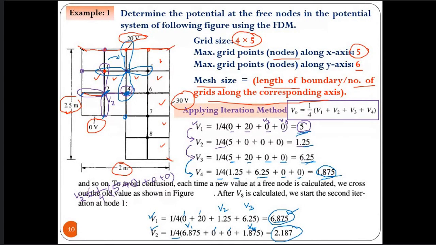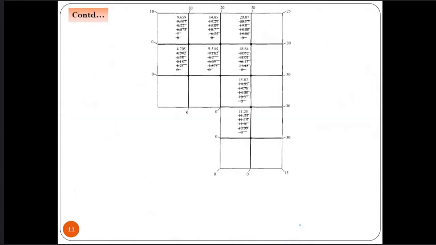Once we are moving to the higher iteration steps, you will see that the approximation is getting better, and the iteration will continue until you get a value very close to the previous approximation. It is shown in this particular figure.